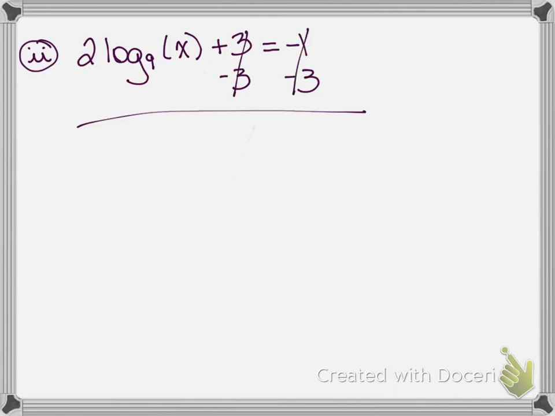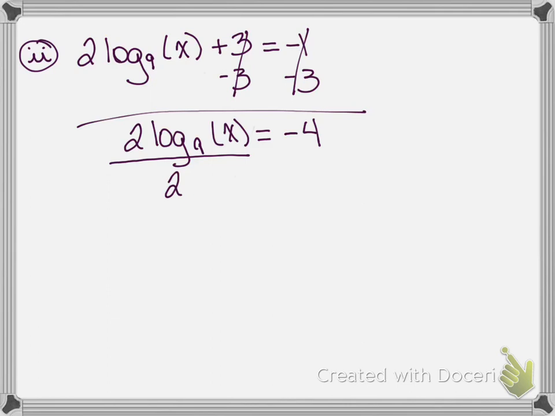Then I've got 2 log base 9 of x equals -4. Then if you see this 2 over here, I'm going to divide everything by 2. Okay, so now I'm left with log base 9 of x equals -2.